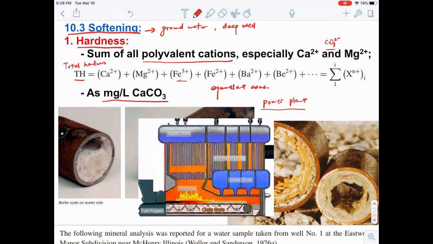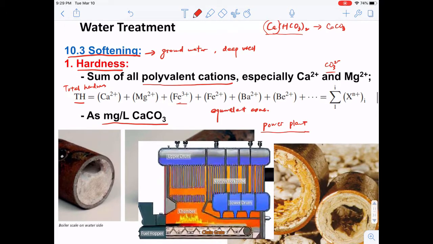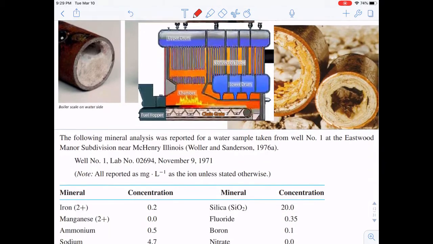If you search for the conditions for operating a power plant, there are always requirements on how hard the water can be, or requirements on the concentrations of these polyvalent cations in the water they use. Once we know this equation, how can we calculate the total hardness?